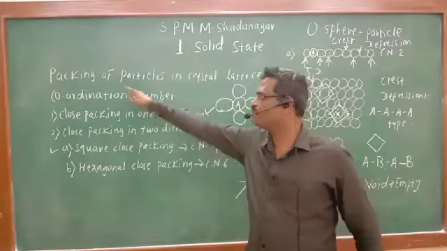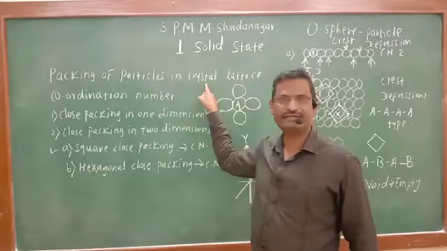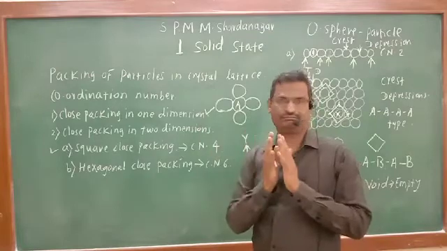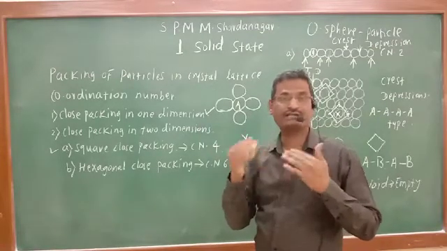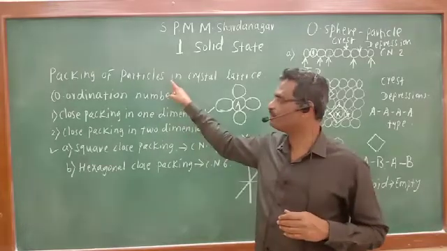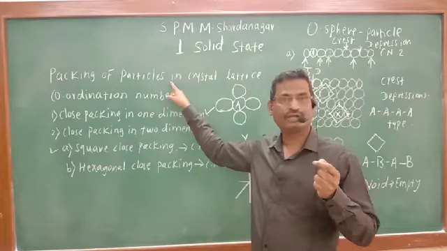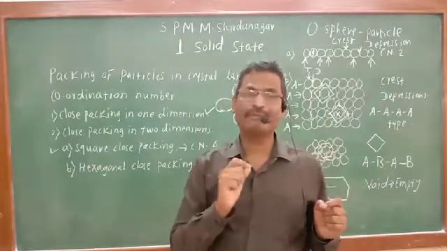And that is known as packing of particles in the crystal lattice. How they are packed, how they come close to each other, how their structure is obtained, that part we have to study over here.